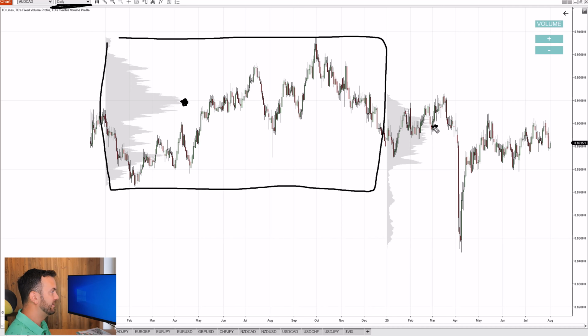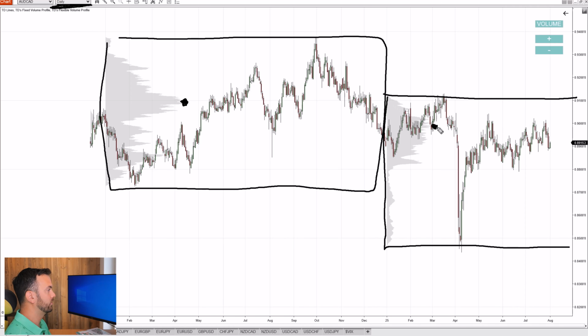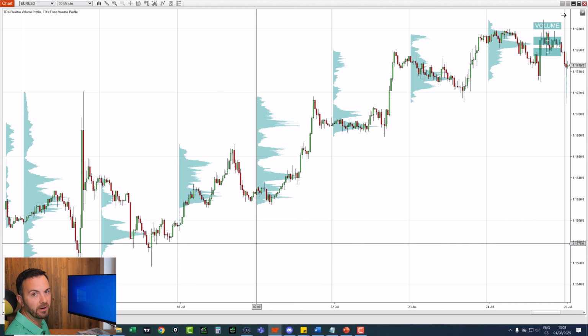I'll be interested in this point of control because this is the current year point of control. So depending on the time frame you trade, you should think of what kind of volume profile you actually want to trade. Most of you are probably going to be intraday traders, so we are going to focus mostly on trading the daily point of control, which you can see right here on this intraday trading workspace.